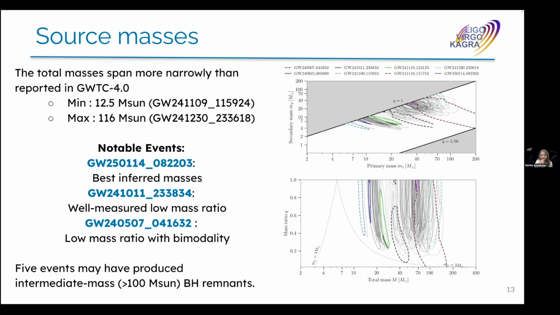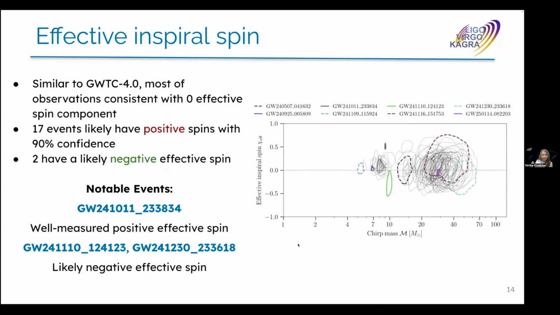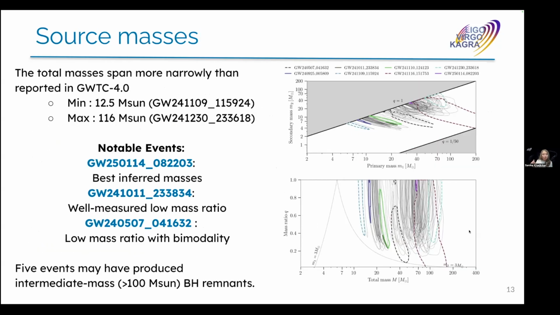If I direct your attention to the plots on the right hand side and you look at the lower plot, there is a dark green line and a light green line. The dark green line especially shows the lower mass ratio event, which is roughly between 0.4 to 0.2 mass ratio, which is quite cool. And that's GW241011.